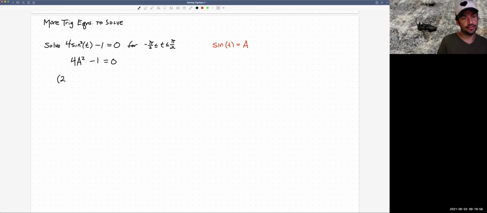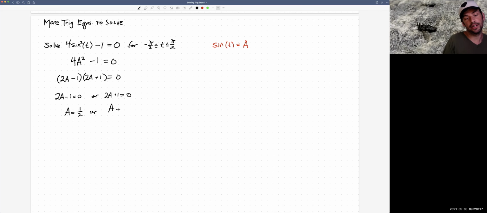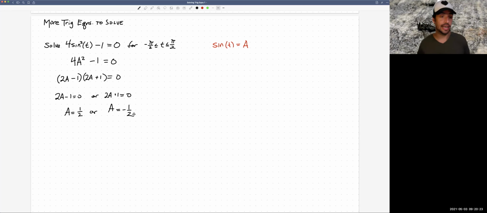So I could rewrite this as 2a minus 1 times 2a plus 1 is equal to 0. This is only true if 2a minus 1 is equal to 0 or 2a plus 1 is equal to 0, which gives me a is equal to 1/2 or a is equal to negative 1/2. So we get two solutions, like we often get when we have a quadratic equation.